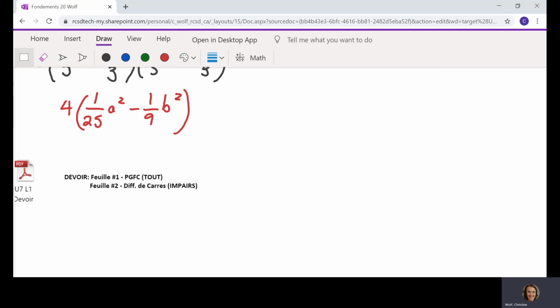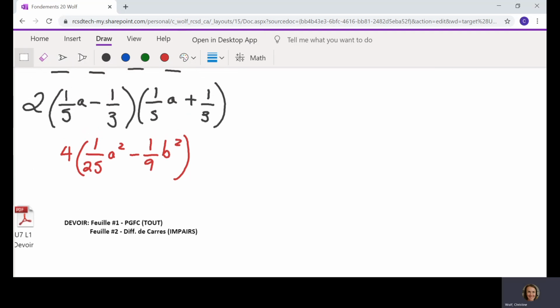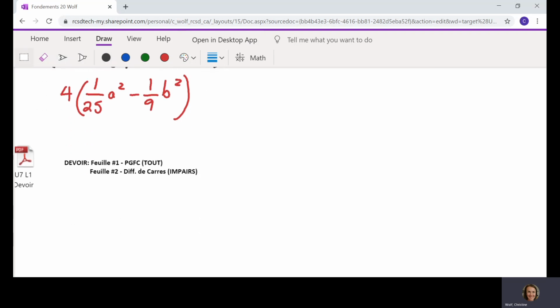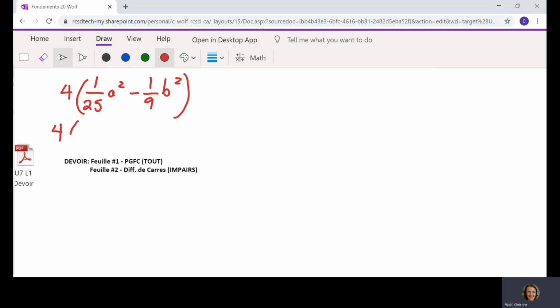Okay? Oh, whoops. I forgot to write down that we took out the 2 here as well. We took out a 2 from each bracket. I'm sorry about that. Okay, je m'excuse, forgot to write the second one. Okay, so maintenant, je fais la factorisation. So j'ai encore une 4 au début, that doesn't change. I'll create my 2 brackets.